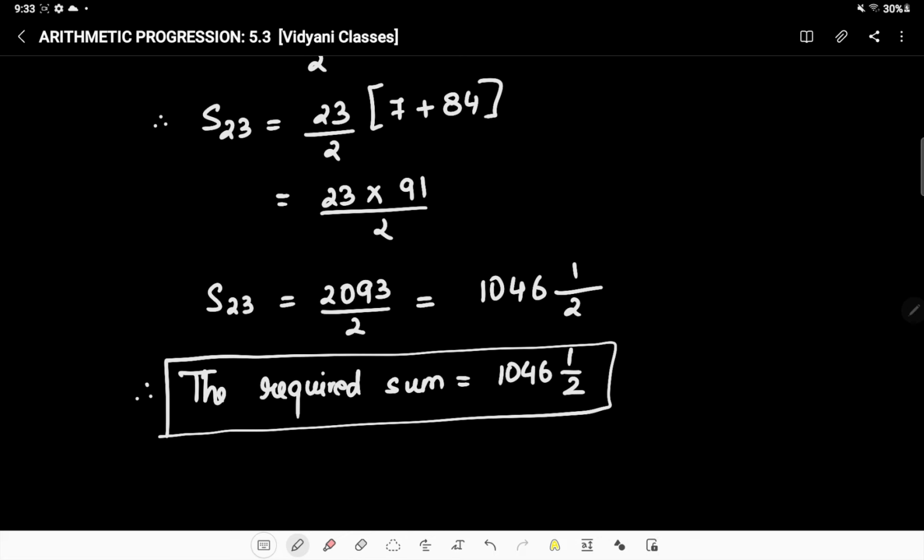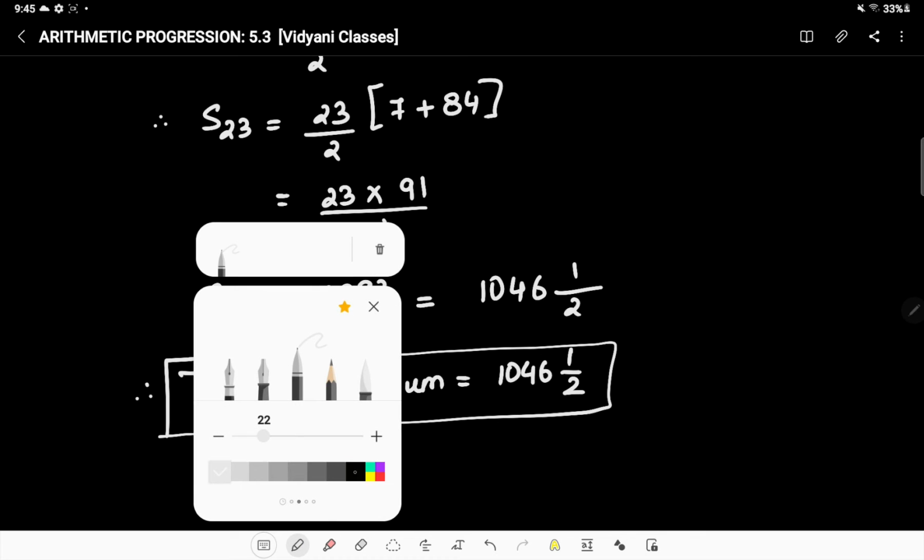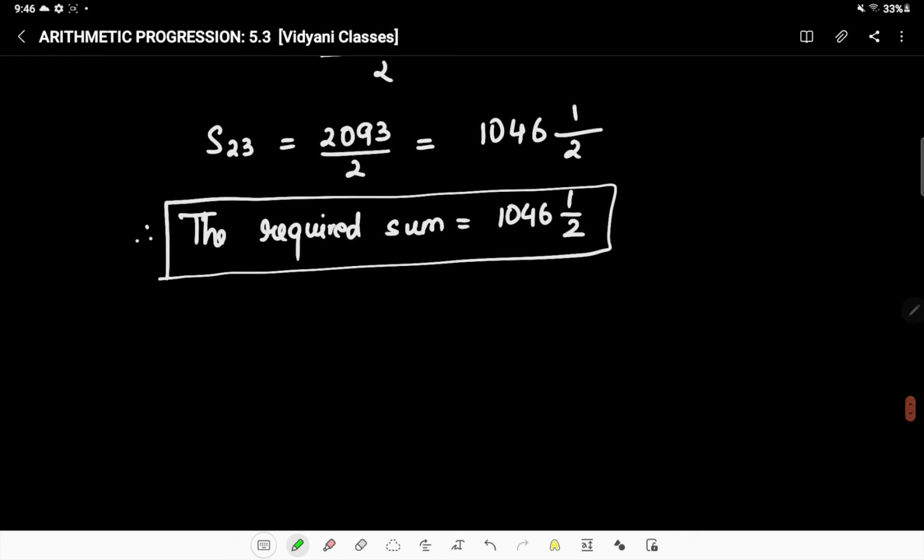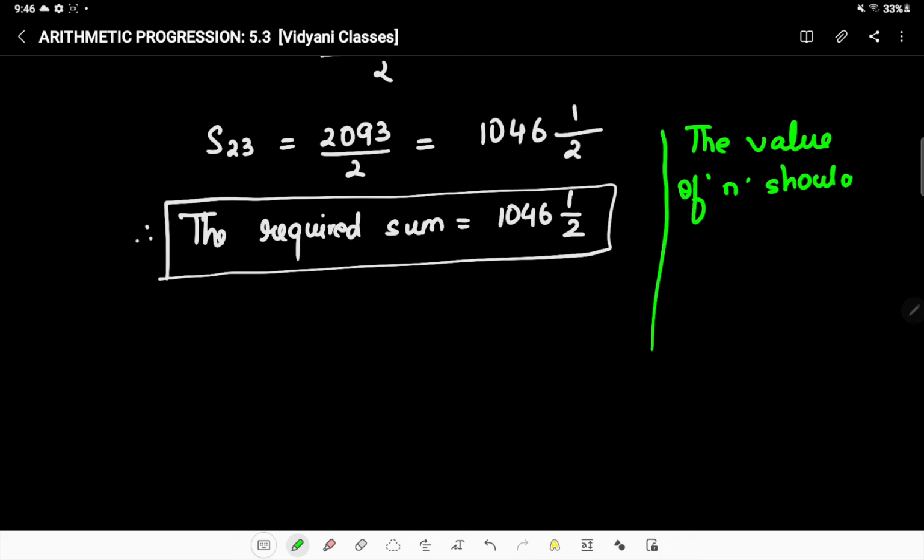Clear? Okay, an important point to be noted is the value of n. Please make a note of this. The value of n should always be a whole number.